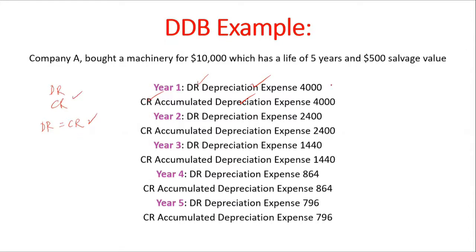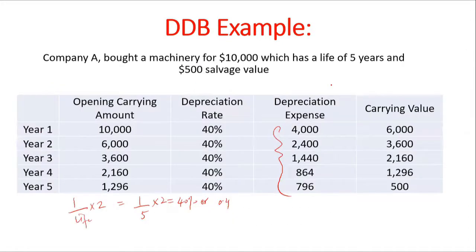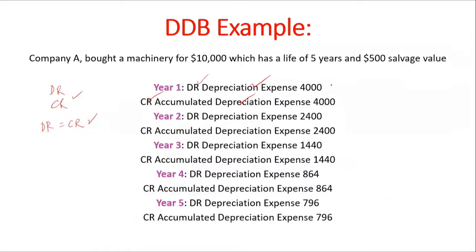If we go back to our slide, the year one depreciation expense under the double declining method was $4,000. So the depreciation journal entry for year one is debit depreciation expense $4,000 and credit accumulated depreciation $4,000.